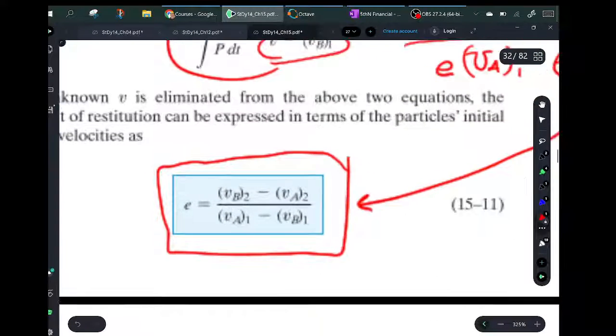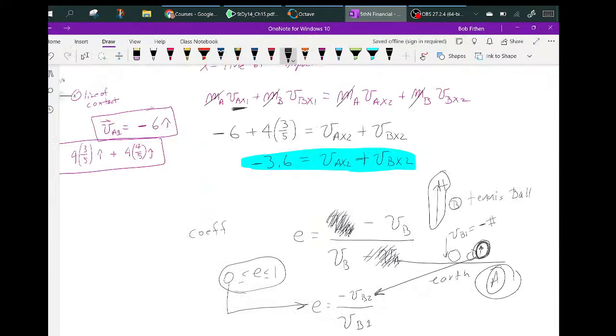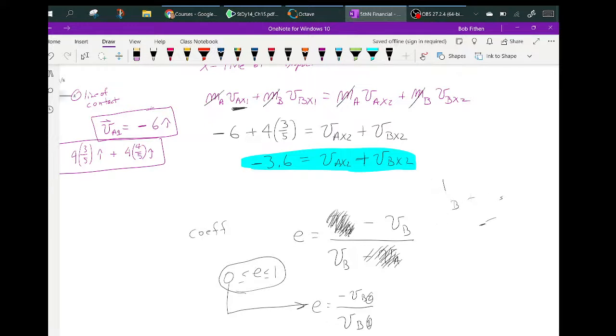Notice this, okay? It's the final over the initial. So in fact, our assumption or our little mind game that we had here worked out. It's the final over the initial. So now let's use this. So this was a little tip that sometimes I use to make sure I can write the equation the way it should be written.